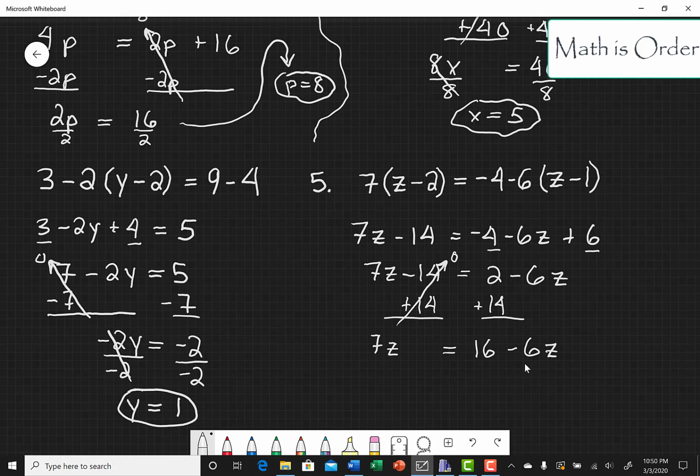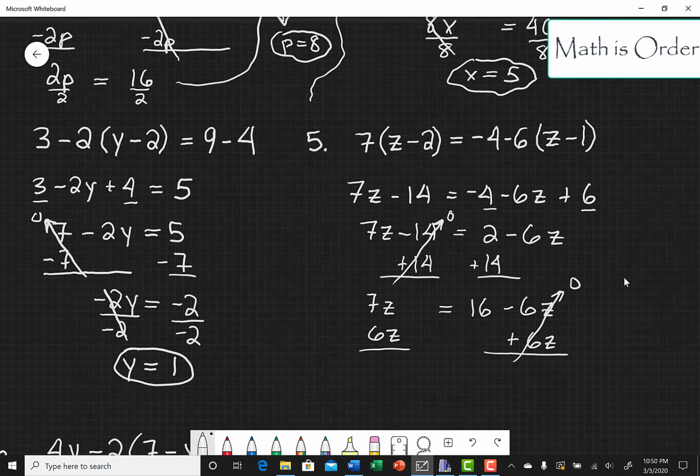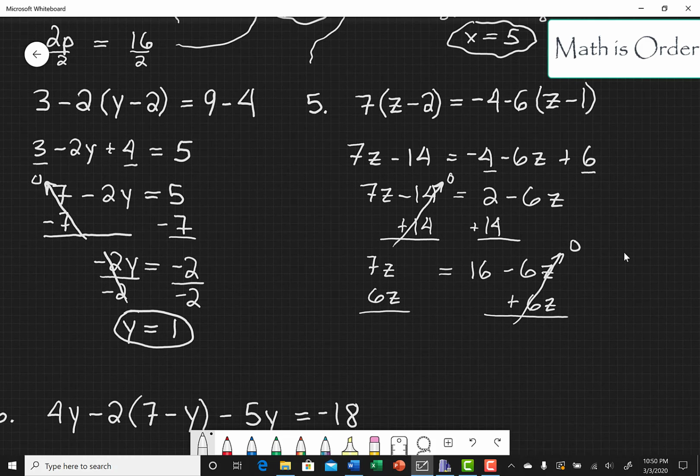All right, now let's try to get the z's on one side of the equation. So that means we need to add 6z on both sides. Right, after adding 6z on both sides, we'll have then 13z equal to 16.